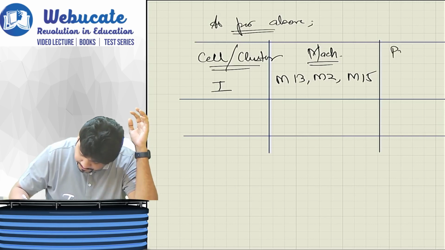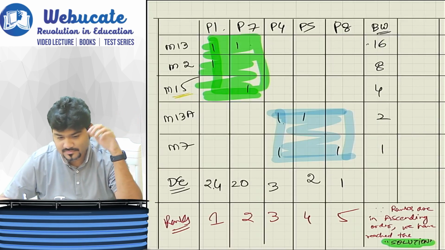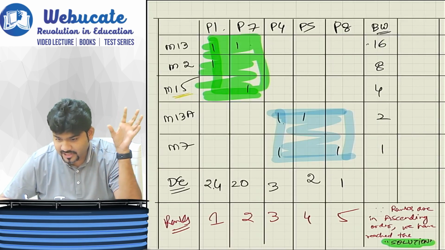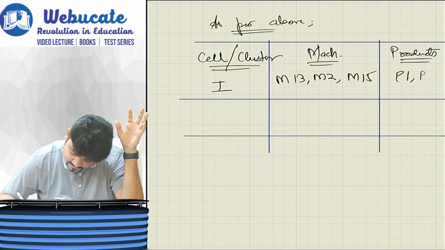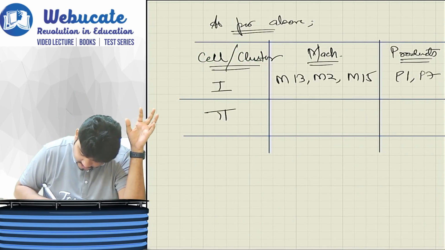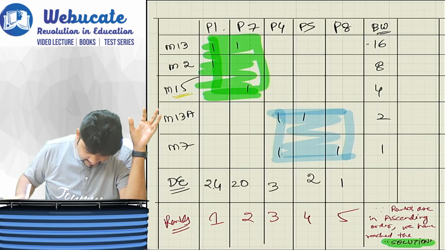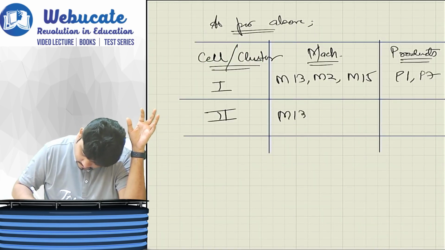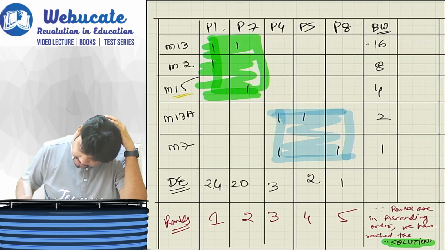And then we have the products. Products that we are going to make here are P1 and P7. Then we have cluster 2, M13A and M7. Products P4, P5, P8.